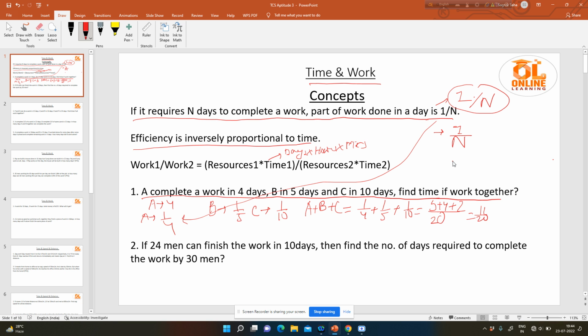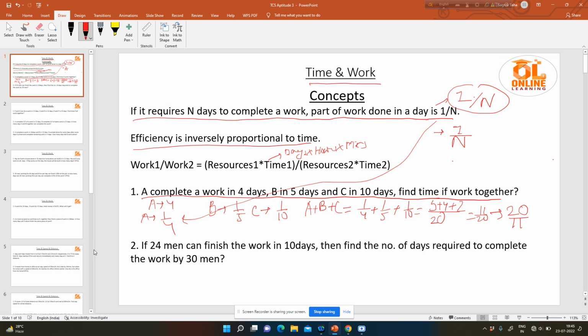So the amount of work done by all of them in 1 day is 11 by 20. So in how many days will they complete the work? They will complete the work in 20 by 11 days, because it is the reciprocal. Hope you have understood. Now let us move to the next question.